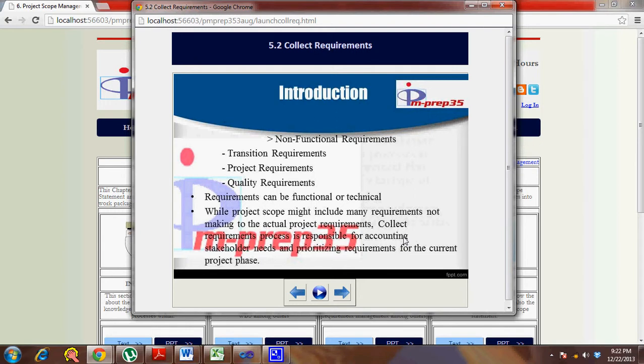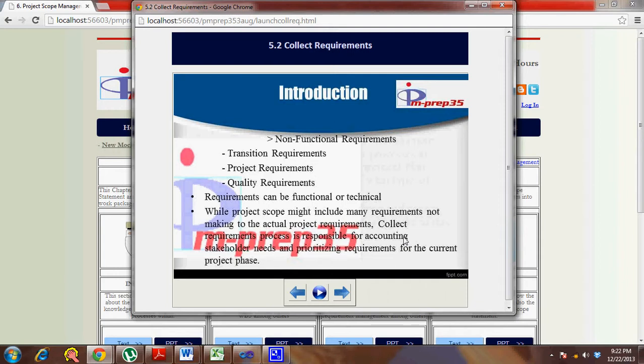And since this is a project scope management process, obviously the scope management plan plays an important role, and also the requirement management plan. Although you capture a lot of requirements, the scope management plan provides you guidance.